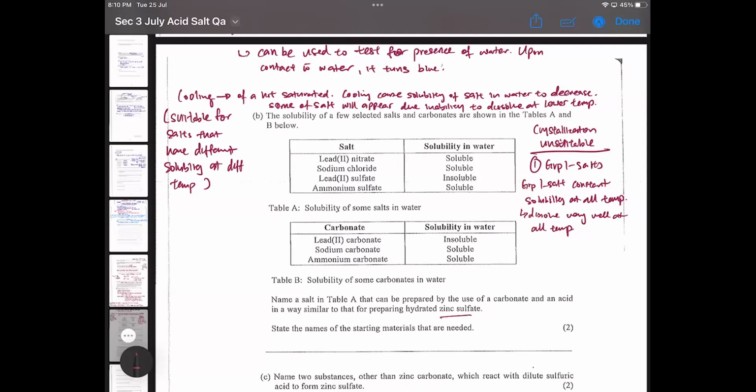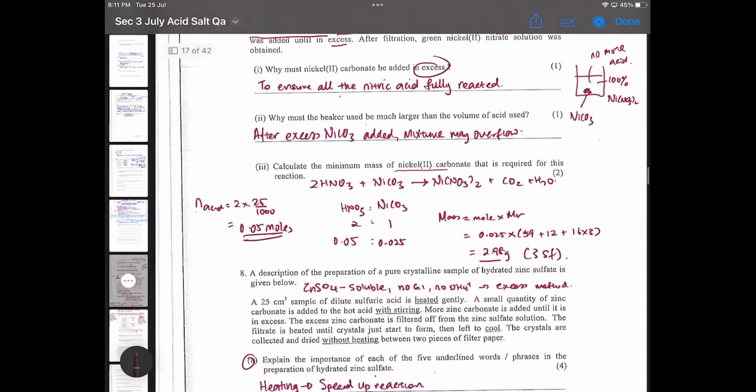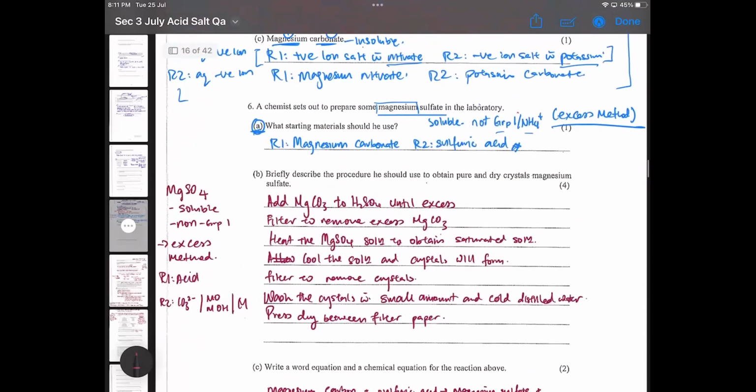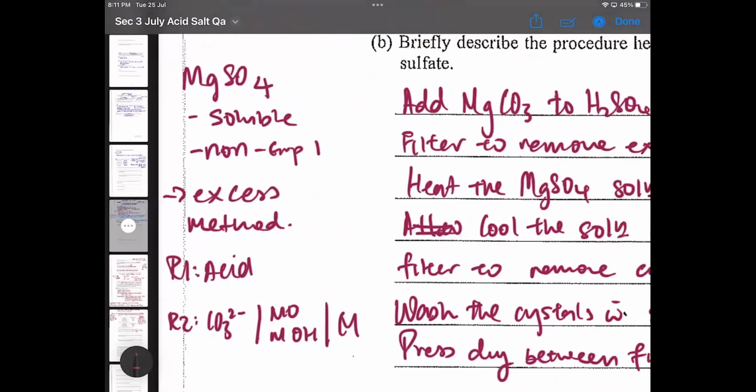Remember, we said that zinc sulfate was soluble, non-group 1, non-ammonium. So this will be the excess method. And as mentioned, for the soluble non-group 1 excess method, we will use an acid and any one of these.